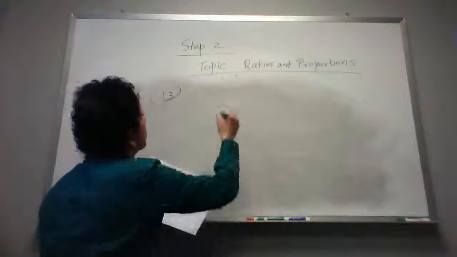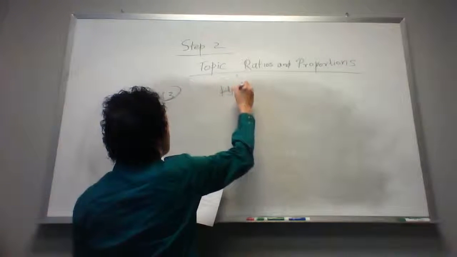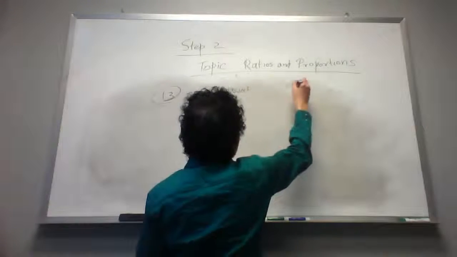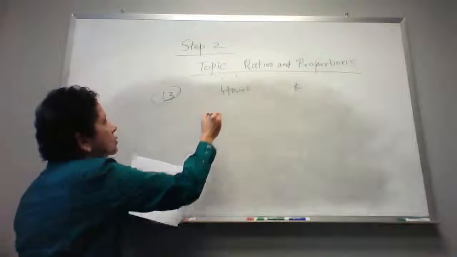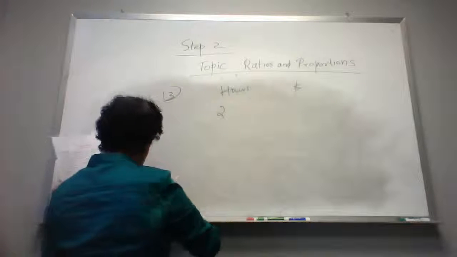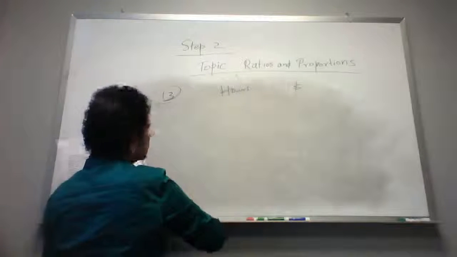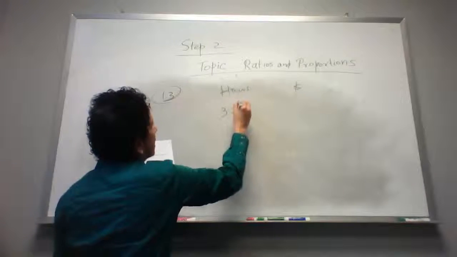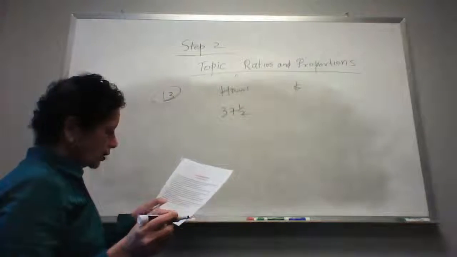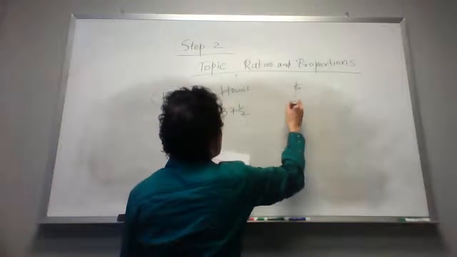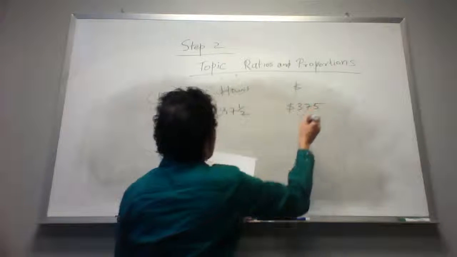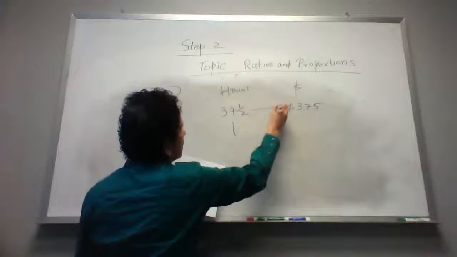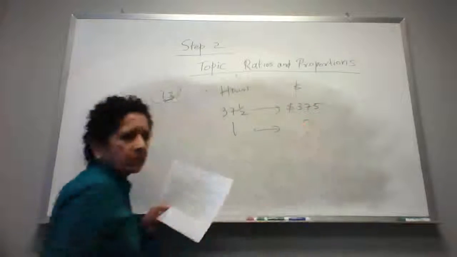Okay, so the hours is one thing, and the money, how much money she got, is the other thing. So she worked 37 and a half hours, and she got $375. Now the question is, for 1 hour, how much money is she going to get, okay?